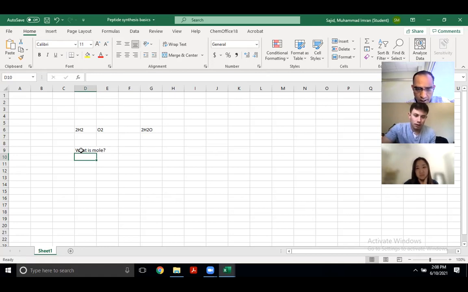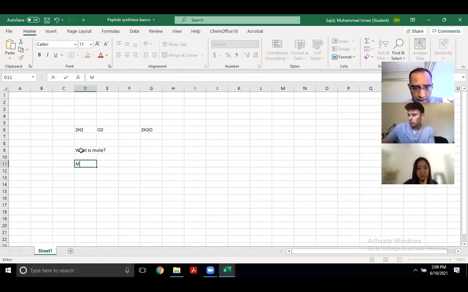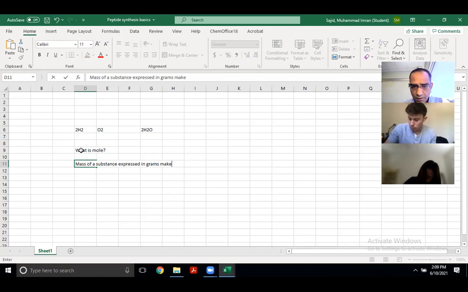These are the very fundamental concepts that you have to learn. Mole is really the amount of substance. Louis is very right. But the atomic mass of a substance expressed in grams makes it 1 mole.